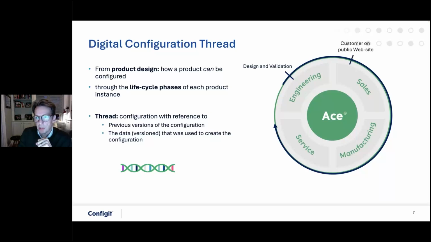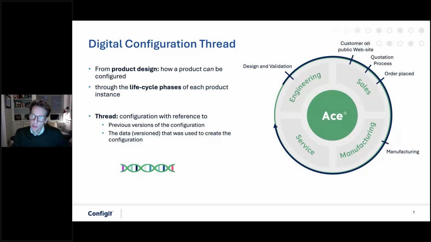At some point you will get to a customer. He might go to a website, he might be configuring the product there. That may lead to a quote that gets created. That quote may have a life cycle as well. So at some point you update that configuration to a new one, and that becomes maybe the one that gets ordered.